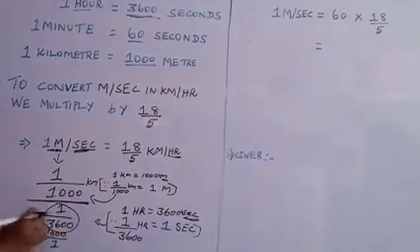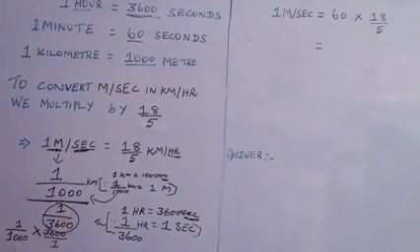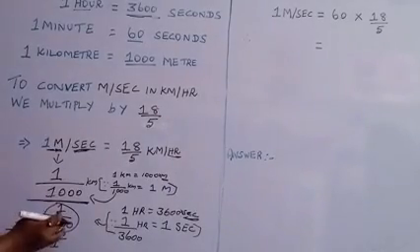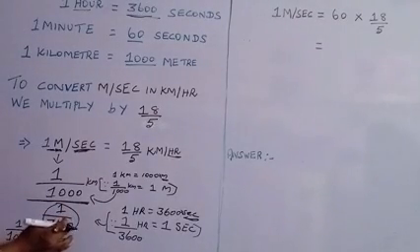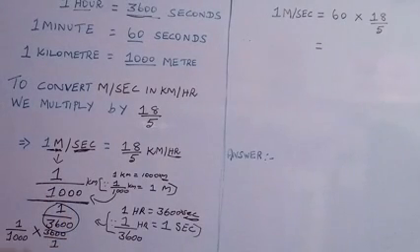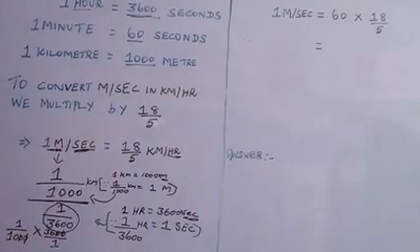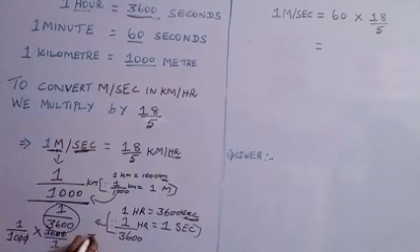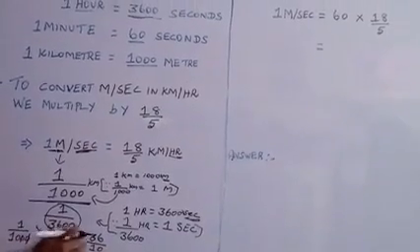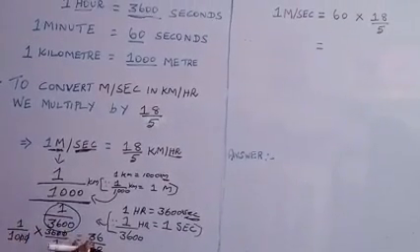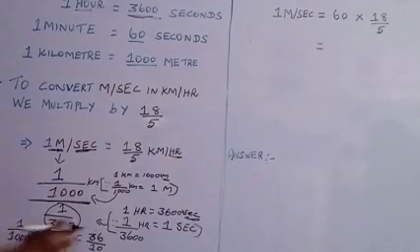That means I change numerator and denominator: the numerator comes in denominator and the denominator comes in numerator. That is the reciprocal form. Now you can cut one 0, the 0 cut. How much do you get now? 3,600 over 1,000 becomes 36 divided by 10, because 1 36 is 36, and 10 ones are 10.